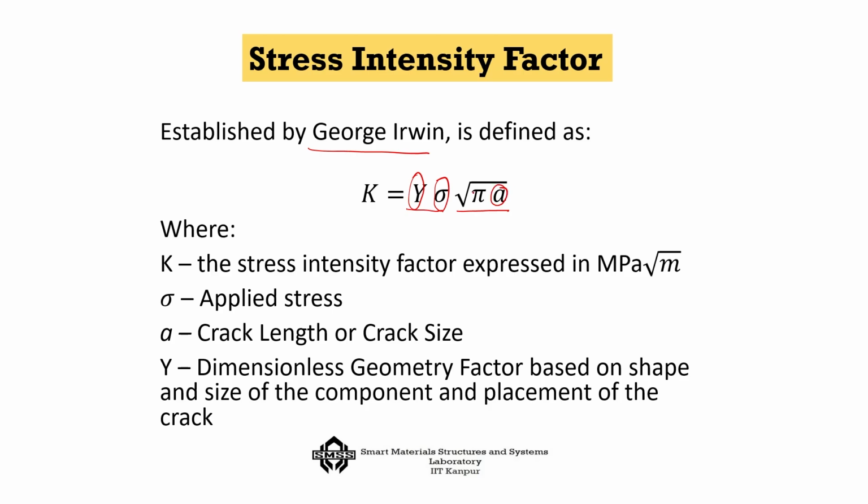All of them together create the stress intensity factor, whose unit is naturally MPa square root meter. This factor determines whether there is a possibility of crack initiation and crack propagation in the structure or not. How does it determine?